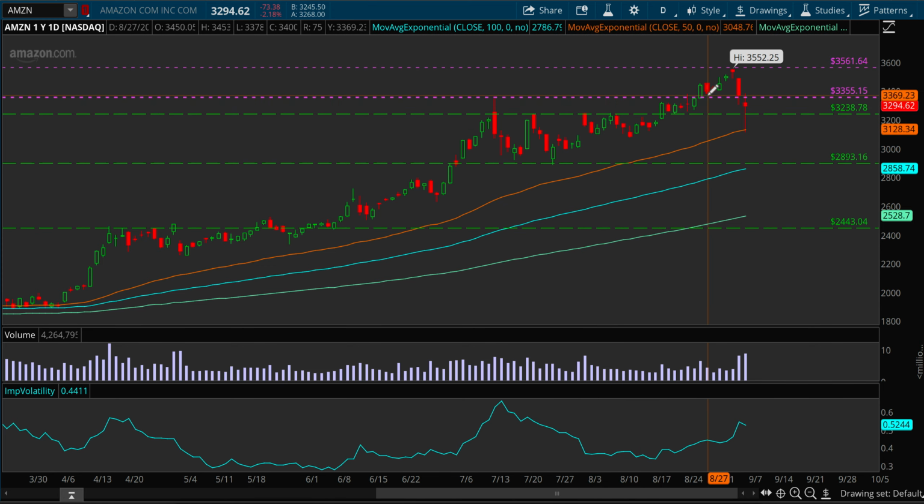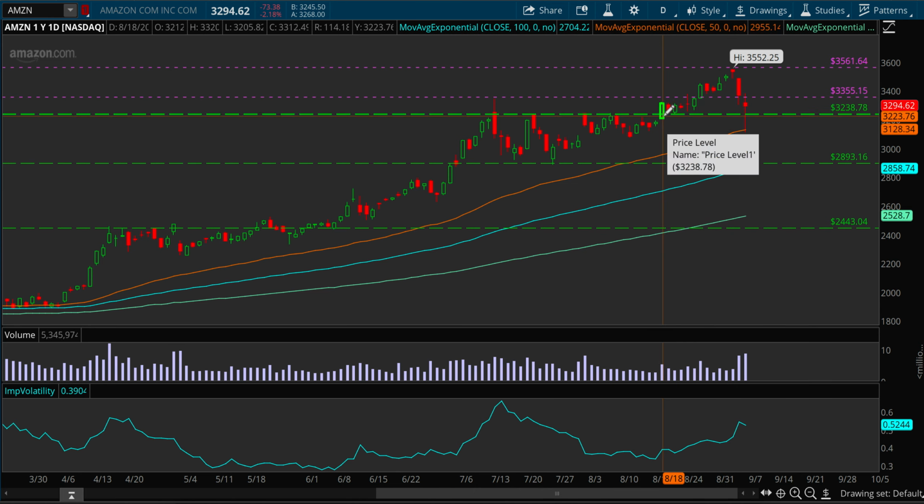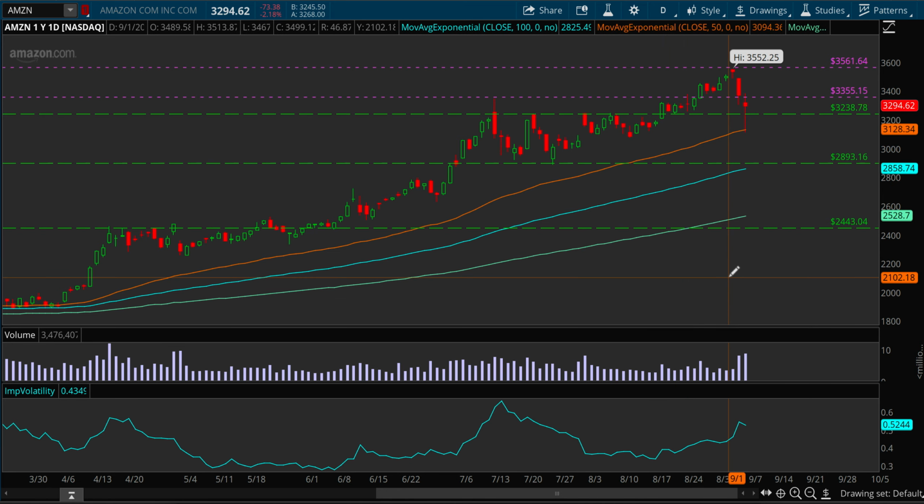And as soon as it broke that, it gapped up from 3,223 to 3,312. So it's a pretty big move. If you were trading that, that's a pretty good move on the week. Or that's actually daily. That's actually a 1 day candle. My bad. So yeah, that's a huge move.